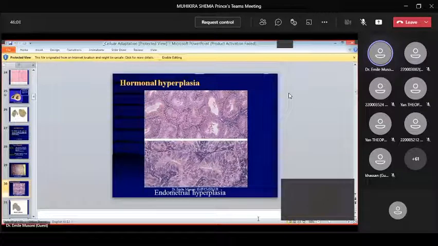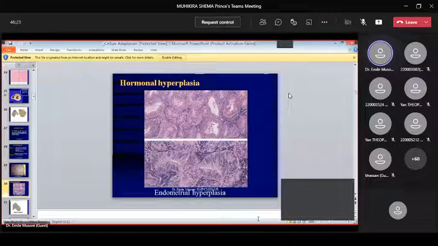So this one is the endometrial hyperplasia. And endometrial hyperplasia is not good in menopause. When it is in menopause, there is a predisposition to have cancer.